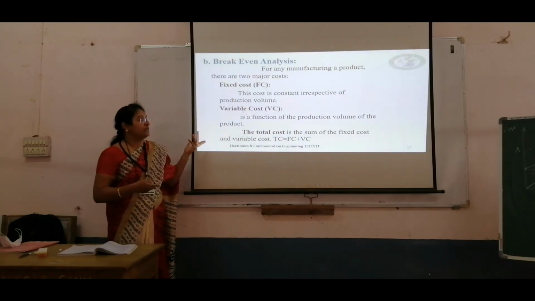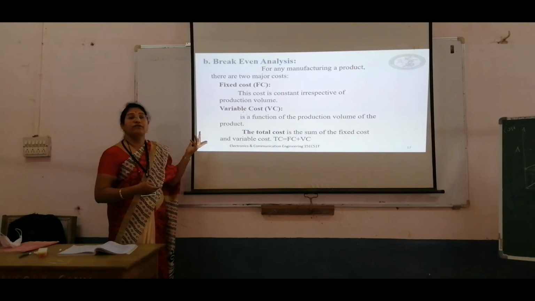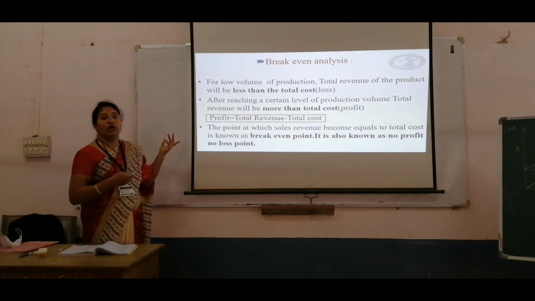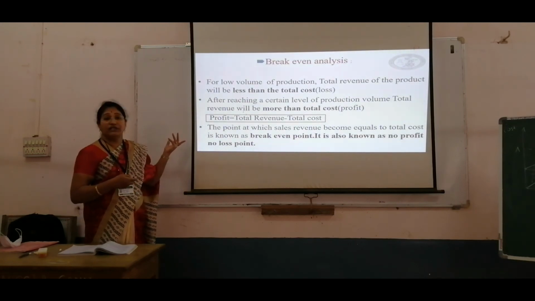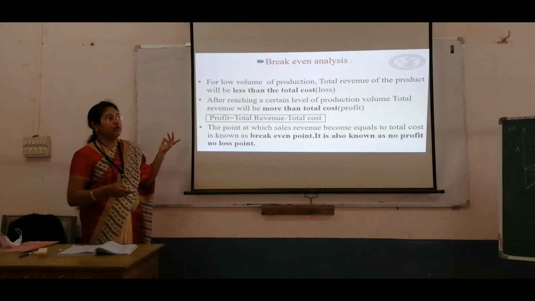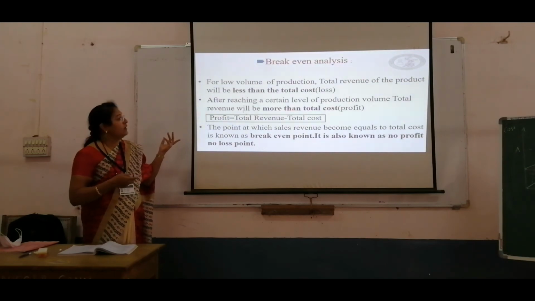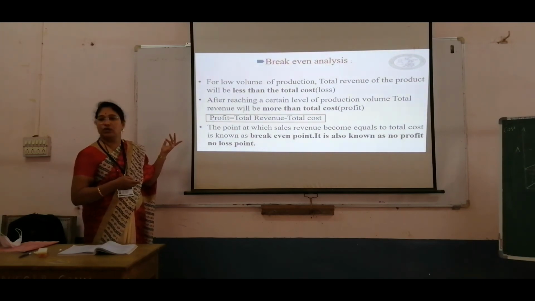If production volume increases, variable cost increases. If production volume decreases, it will be less. Next, total cost is calculated by adding fixed cost and variable cost. And how do you calculate profit? In the chart you can see this is the profit. So profit is given by total revenue minus total cost.